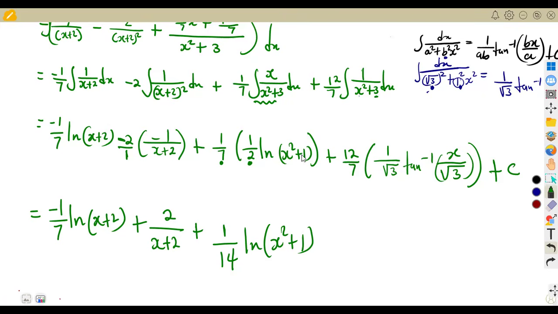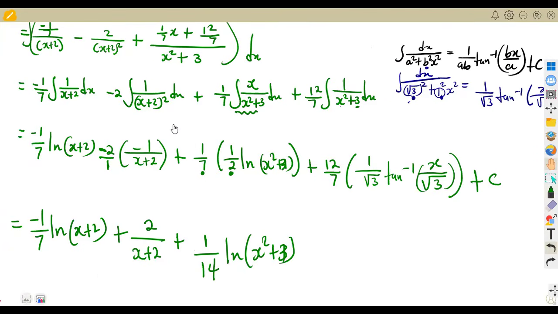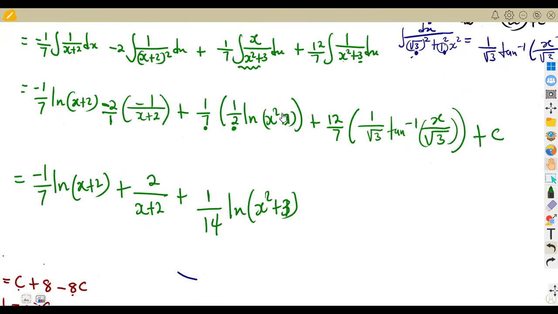So this is ln of x squared plus 3. It was a 3 from this half here. It was the one that we took from the substitution, not from this one. So that was a plus 3 there, not plus 1, that's a plus 3 there.